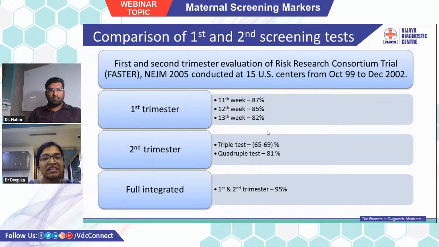And if it is a triple screen, the detection is even lower, only 65 to 69%. But when they combine both the first trimester and second trimester screens, the detection rate is up to 95% for chromosomal abnormalities. And we call this combined a full integrated screening.